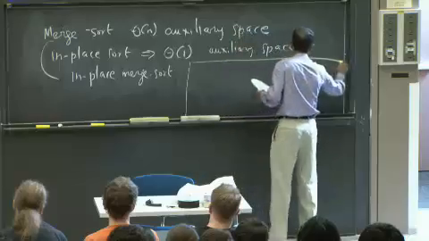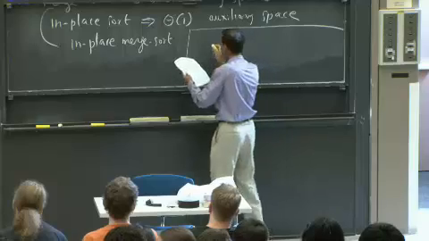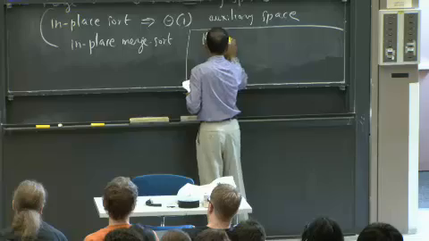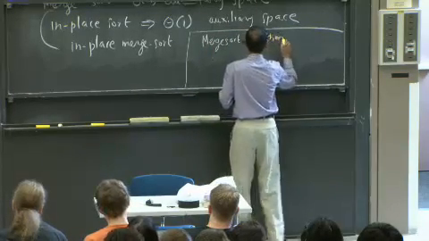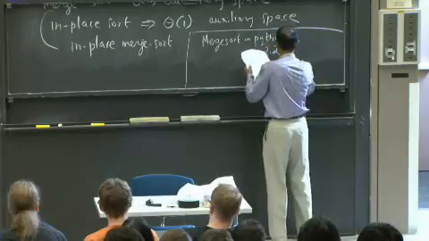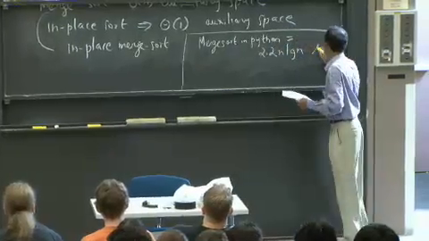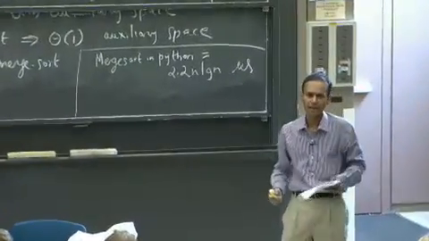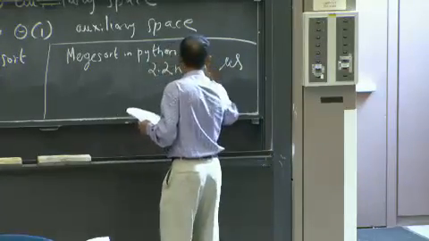In terms of numbers, these come from some experiments we ran a few years ago, so they may not be completely valid. Merge sort in Python, if you write a little curve fit program to do this, is 2.2 n log n microseconds, for a given n. So this is the merge sort routine.